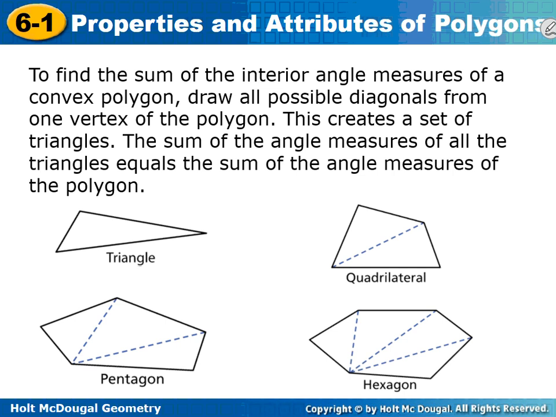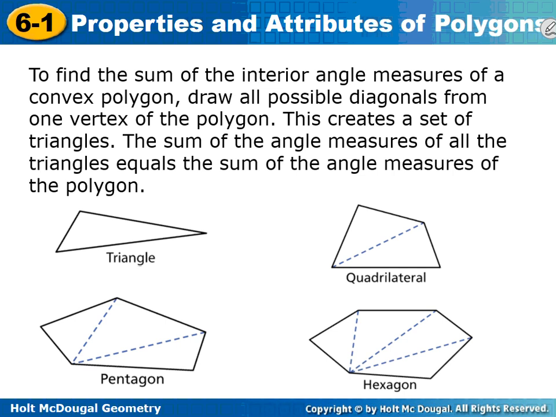Take 360, divide it by 3, and we would have gotten 120. Quadrilateral, we could have taken 360 and divided it by 4, and we would have gotten 90. So if it's regular and I want to know each exterior angle's measure, I can simply take the sum of all of them, 360, and divide it by what? N, the number of sides.